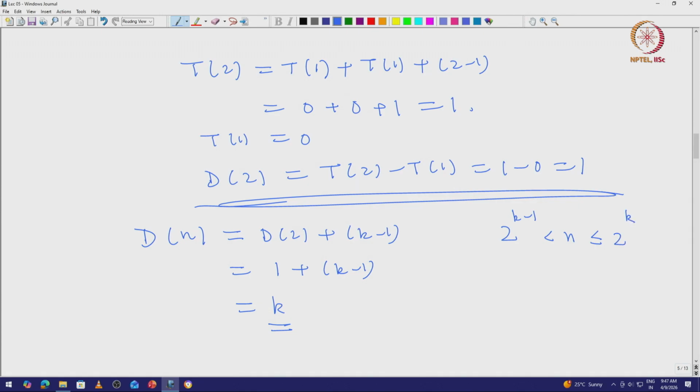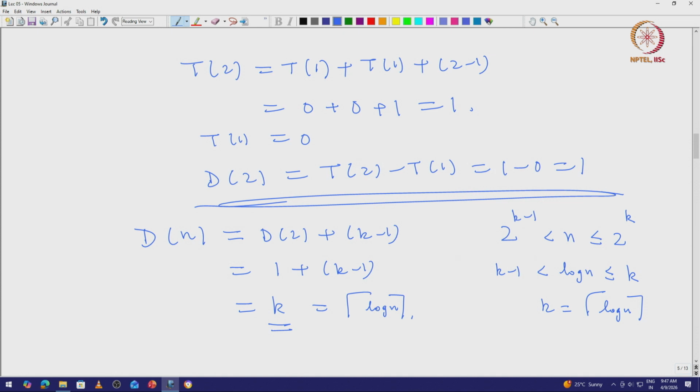So, when you take log, k minus 1 is less than log n is less than or equal to k. So, log n is a real number between k minus 1 and k. So, when you take ceil, you get k. Therefore, k equal to ceil log n.